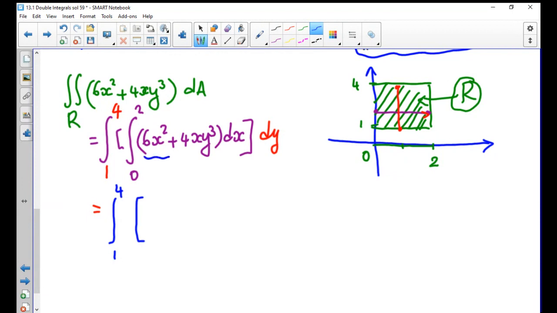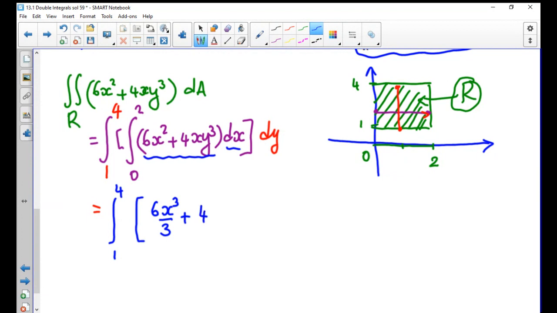Now I need to integrate this with respect to x. What is the integral of 6x squared with respect to x? Yeah, 6 x power 3 over 3. Good. Plus the integral of 4x y cubed with respect to x.